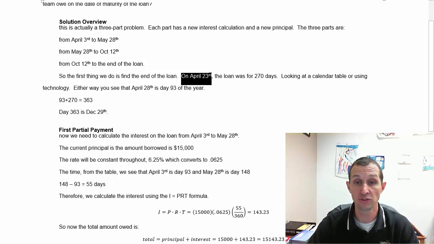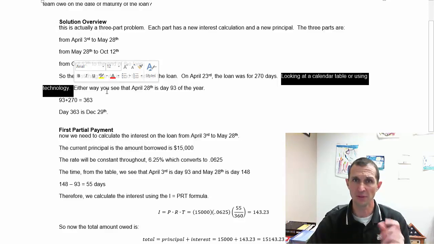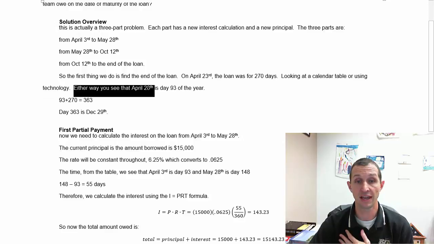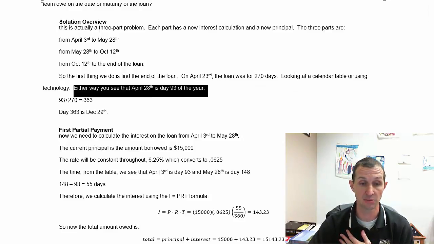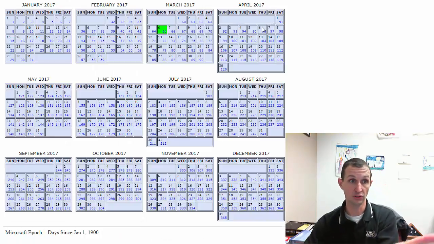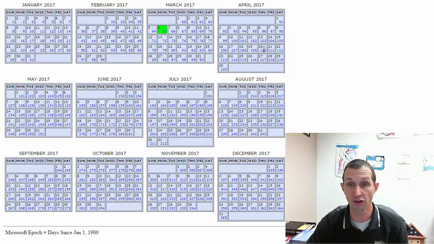On April the 3rd, the loan was for 270 days. You can look at a calendar table or you can use technology. There are some options in the TI calculator and some options in Excel. Either way, you're going to see that April the 3rd is the 93rd day of the year. I'm going to use a table. Here, April the 3rd is day 93.